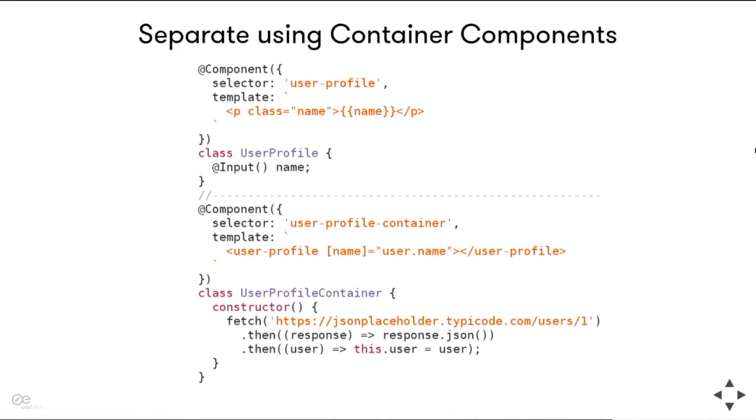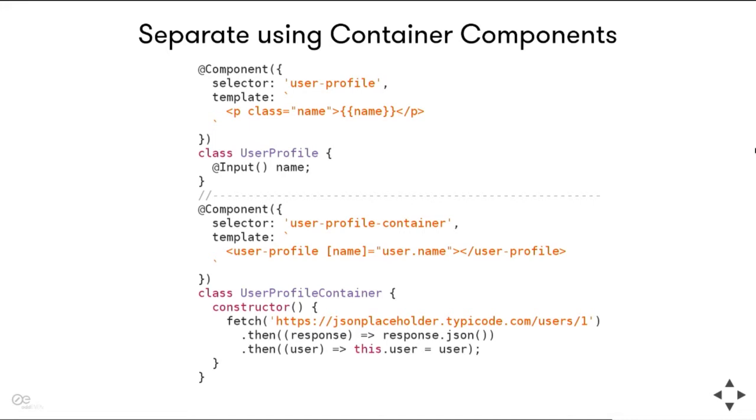So to solve this, and this is probably a pattern that emerged from Redux, from the React community, what we can do is create so-called container components. And these container components, their only purpose is to wrap a presentational component and organize the data that this component needs.